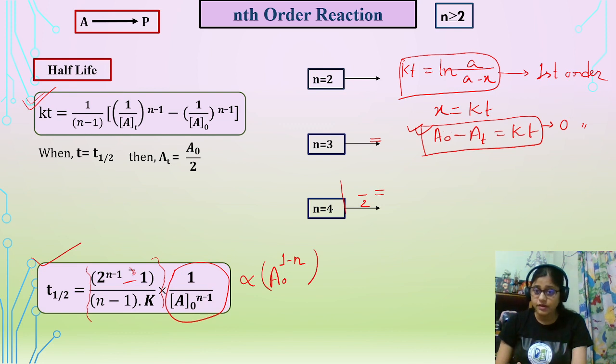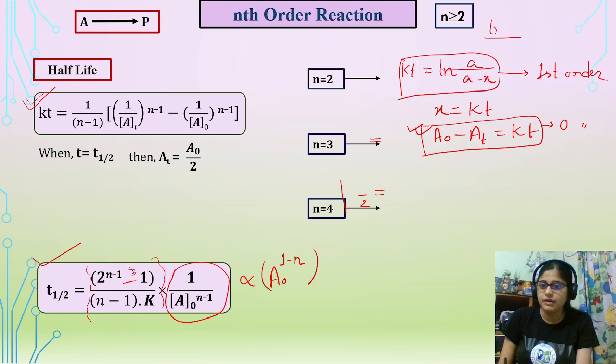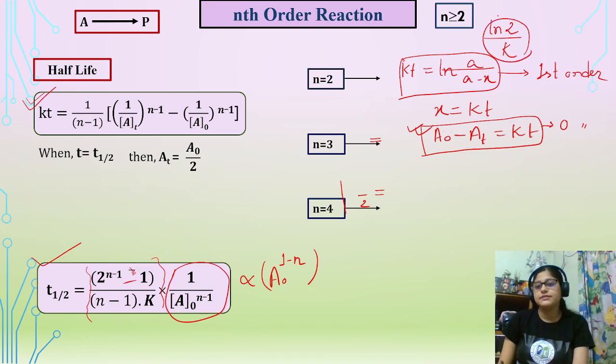Clear? For the other T half, you can put the value AT will be A0 by 2, and you can remember it also, because for the first order reaction T half value is very important, because it is frequently asked, 2 by K, because it is not depending on the initial concentration of reactant.